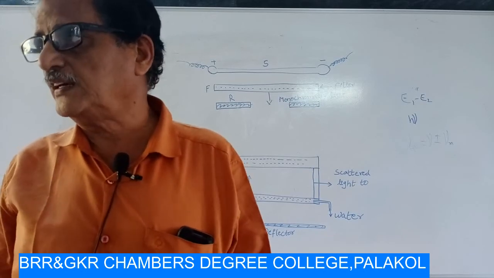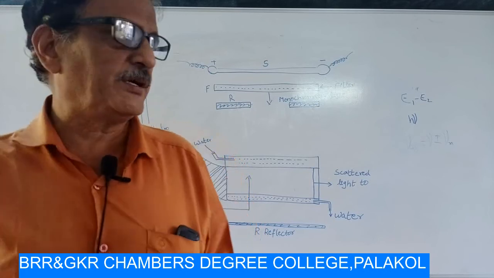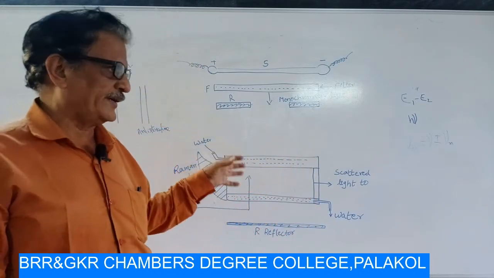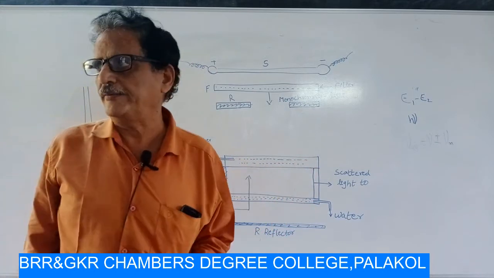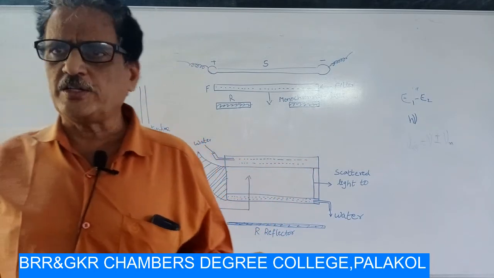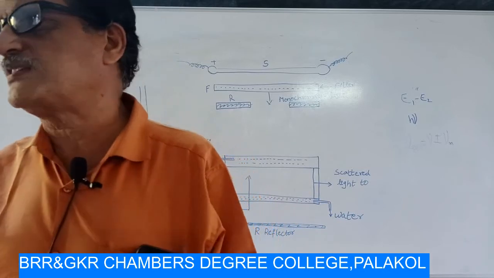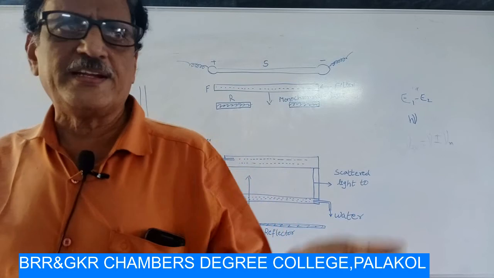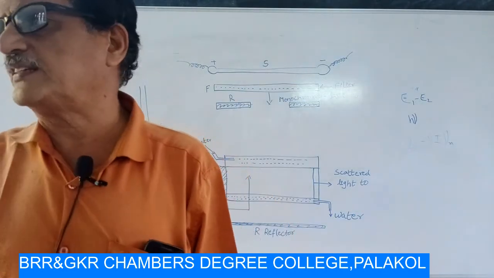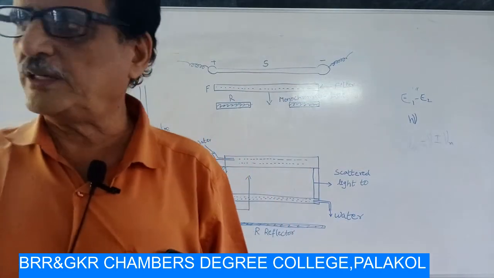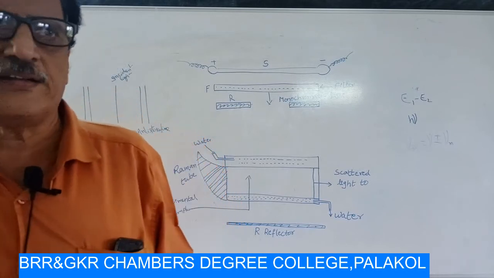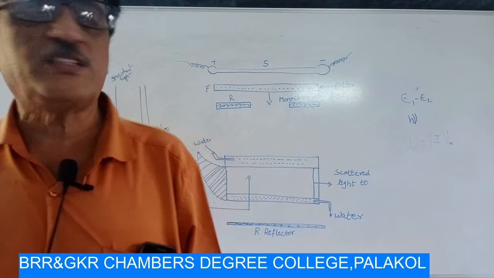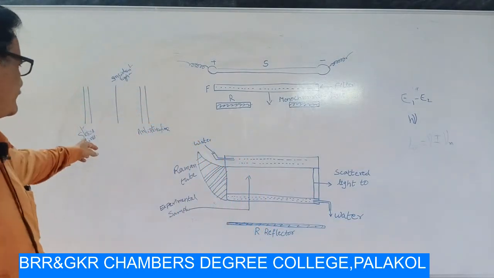Since this is a collision between the scattering molecule and the incident photon, if the molecule absorbs some energy from the incident photon, the frequency of the scattered light decreases, which gives a Stokes line.